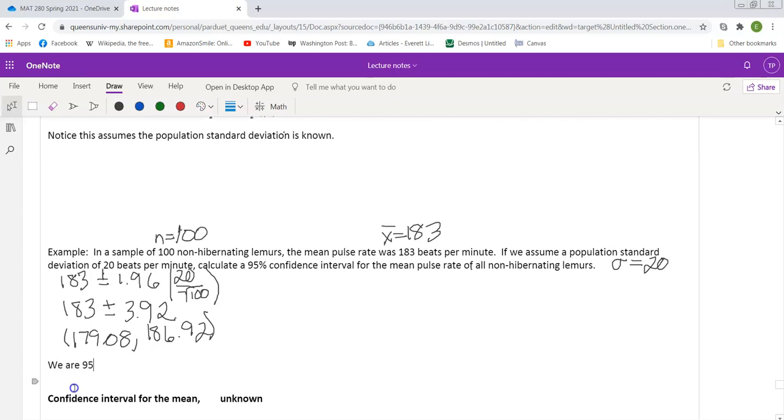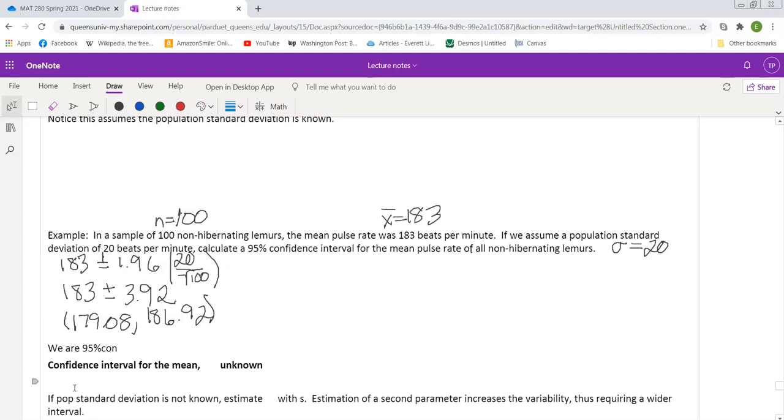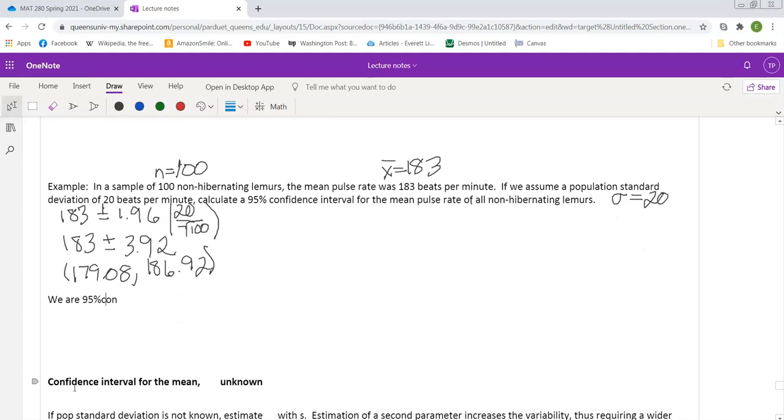It means we are 95% confident the population mean pulse rate of all lemurs, non-hibernating lemurs, is between 179.08 and 186.92 beats per minute.